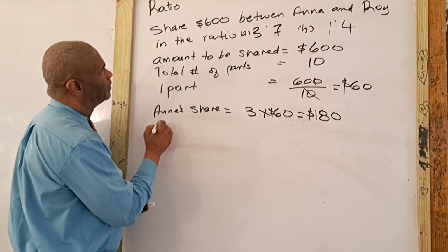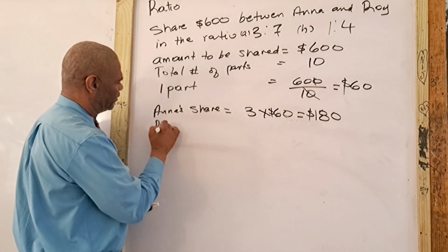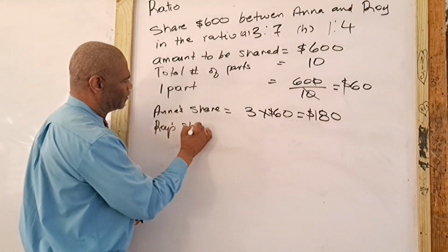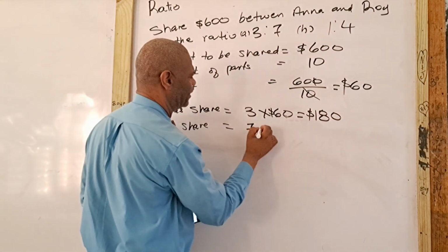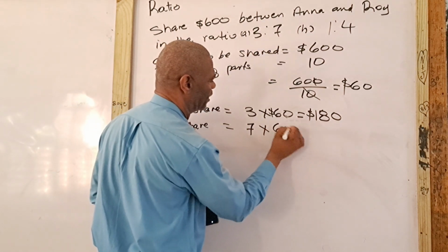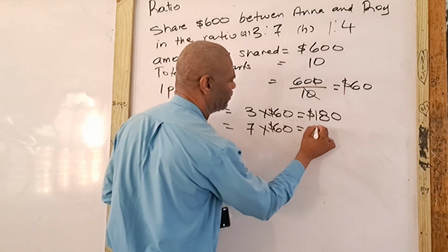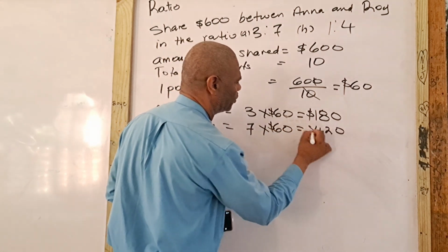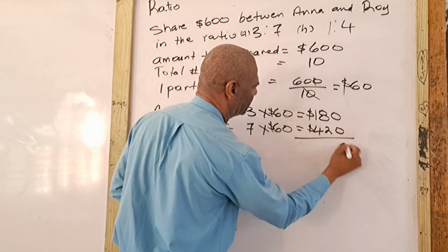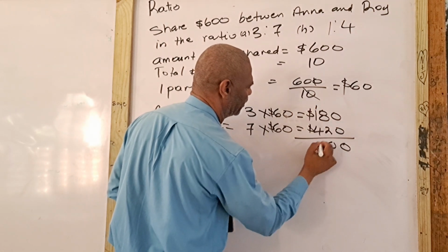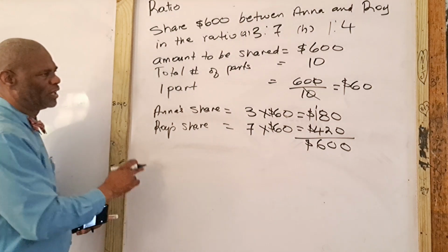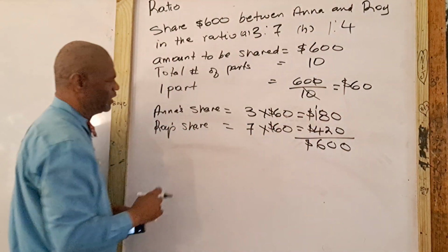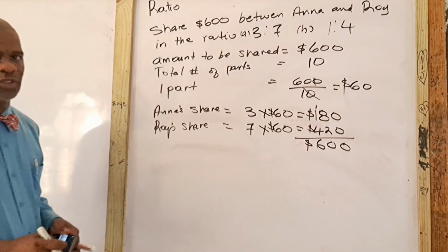And Roy's share is equal to, he gets 7 parts, 7 times $60. 7 times 6 is 42, $420. Add them, 8 and 2, 10, 4 and 2, 6, $600. Alright? So Anna would get 180 and Roy gets 420.